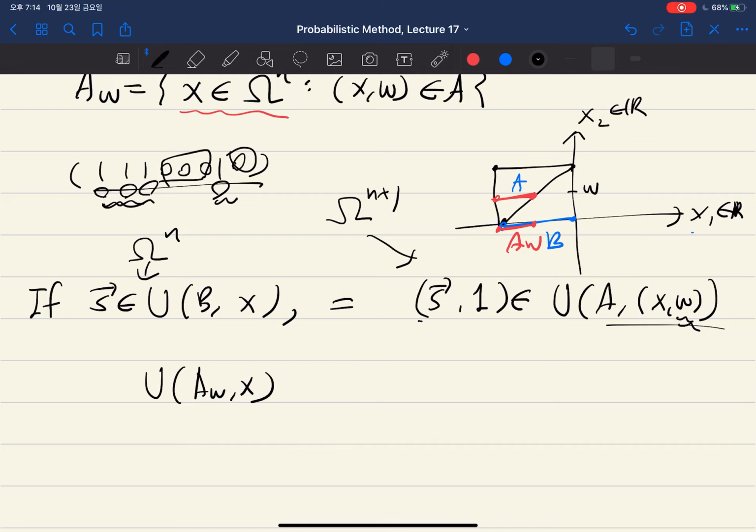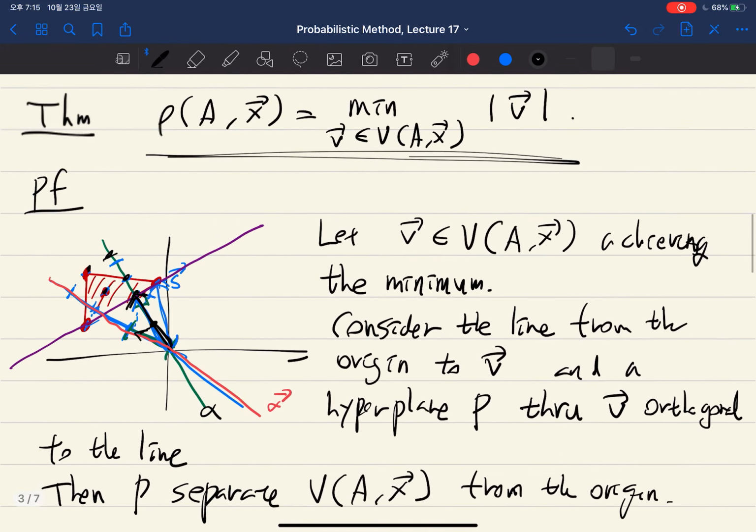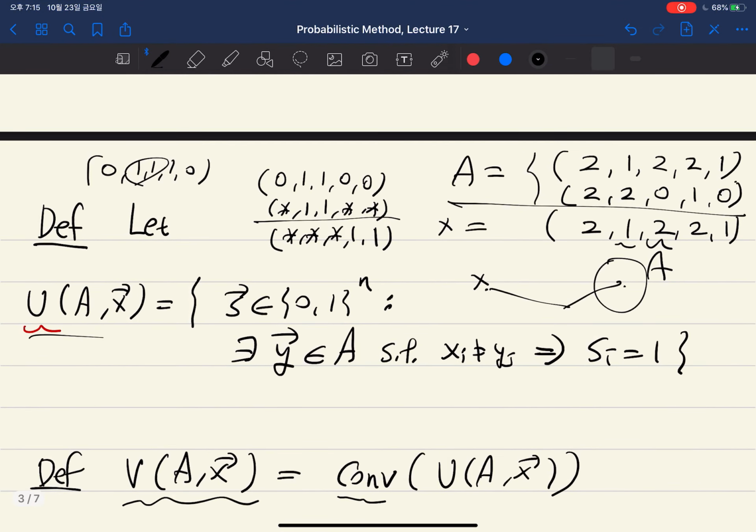So C, this is the reason why we actually defined U in the previous way, by allowing only this one direction, not the other direction.